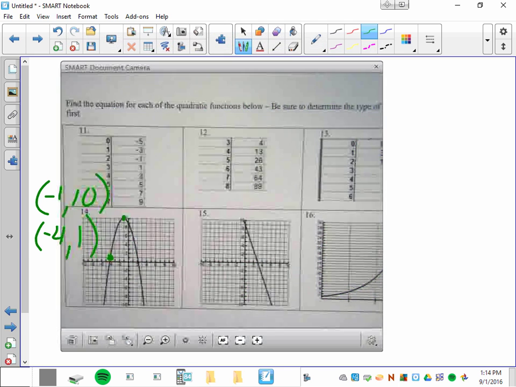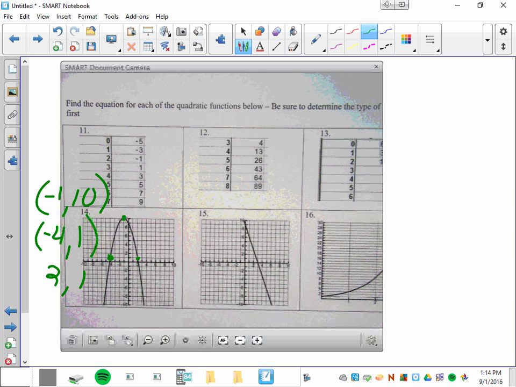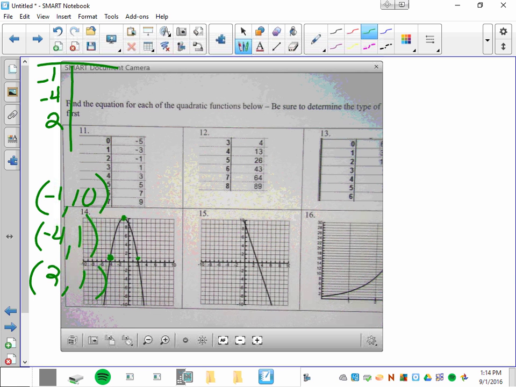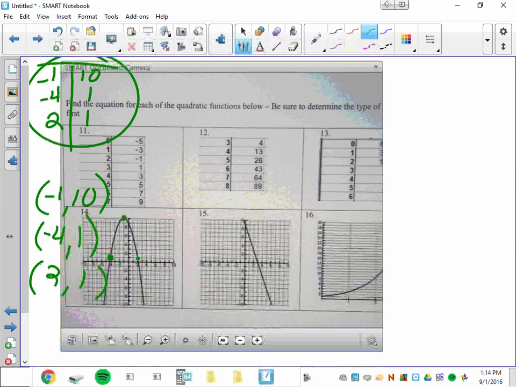And then we also have 2, 1. So your table of values would be -1, -4, and 2. And your y values will be 10, 1, and 1. And you'll plug those in and do a quadratic regression.